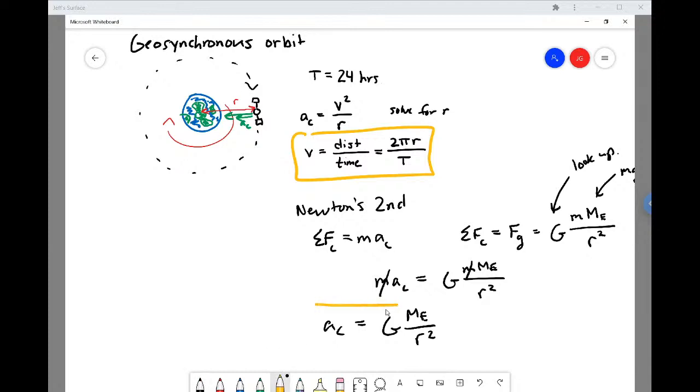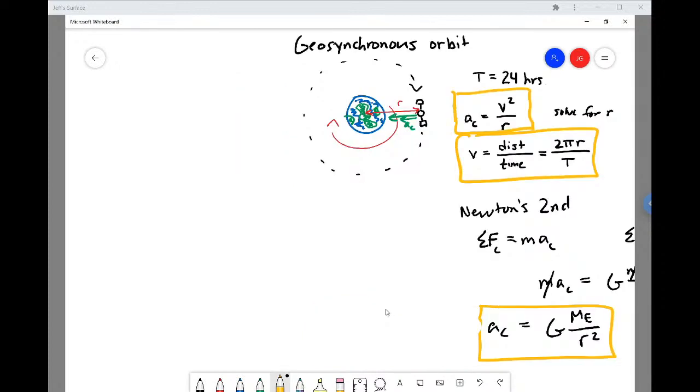And now we have all the pieces we need to put them together to figure out what r is. So what should we do first? Let's take that equation and this equation and substitute in v equals 2 pi r over t to get rid of the v in the expression for centripetal acceleration.